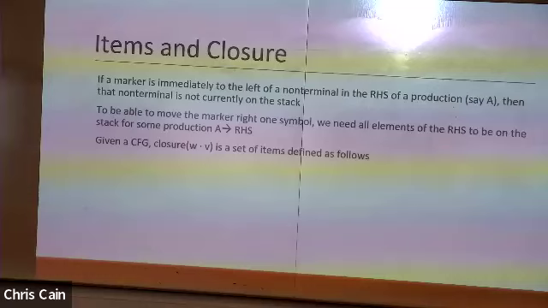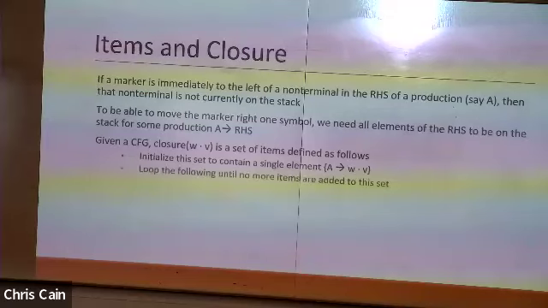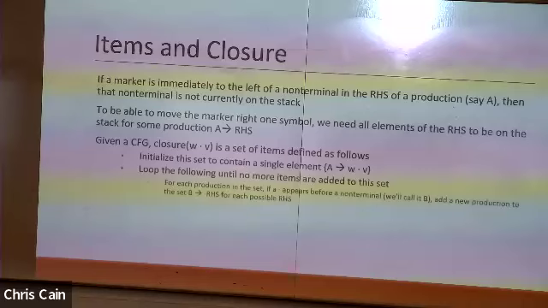So we defined a closure as a set of elements. We start with a single element that is the current production with the current item, the current place of the marker. So we loop until no more items are added to the set. What do we do inside of this loop?